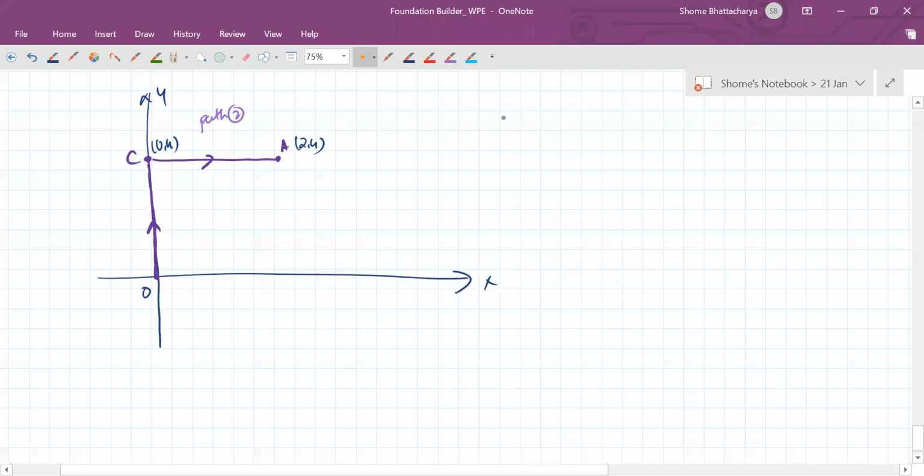Okay, so the work done in path 2 will be equal to work done going from O to C plus work done going from C to A.